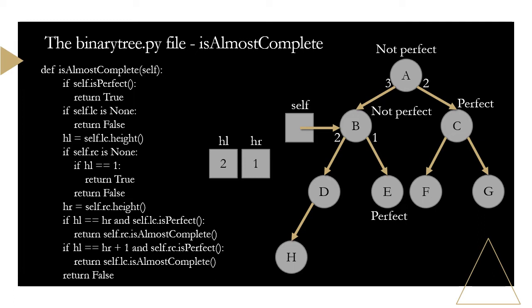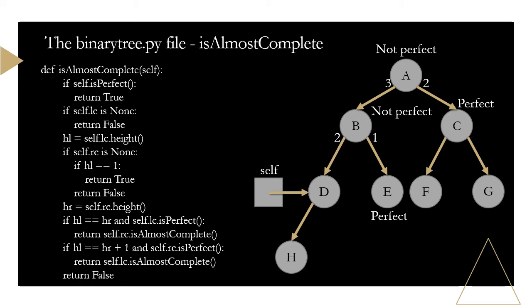Both conditions of the last if are met. Now everything depends on the left subtree of B. If that is almost complete, then the tree rooted at B is almost complete. So we recall the function is almost complete, passing to it pointer to the node D.